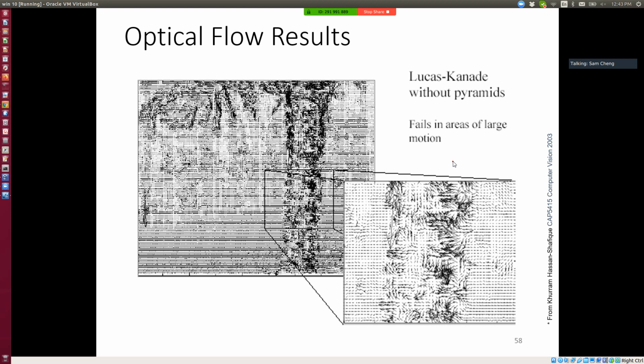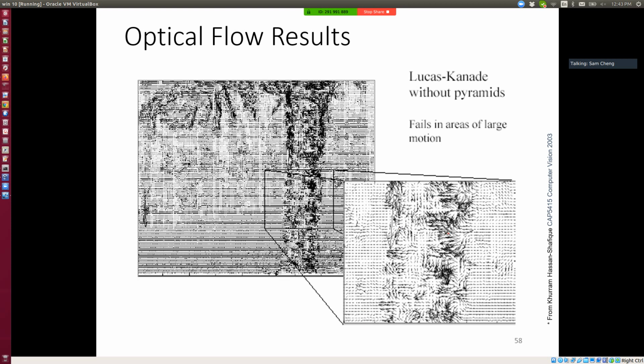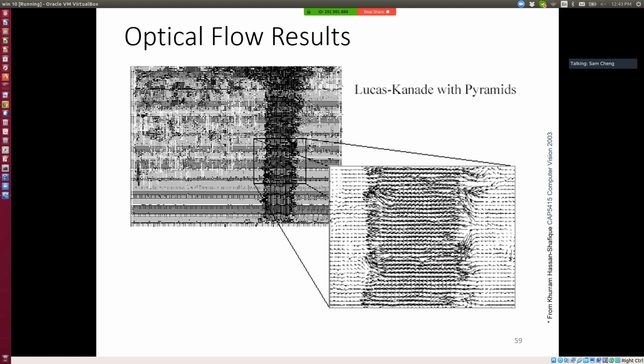Then I will get much better results. Like for example, for that video that we just showed you. Even though we only have two couple shots there, with the pyramid you can get much better results. So this is without the pyramid, and this one is with the pyramid.